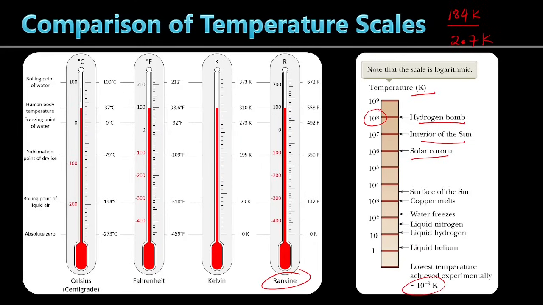Anong temperature yung na-record na pinakamababa? Actually, that is 273.144 kelvins. Okay, take note of this. Absolute zero is 273.15. Pero yung pinakamababang temperature na na-record ay 270.144 kelvins. Very close pa rin. Okay?